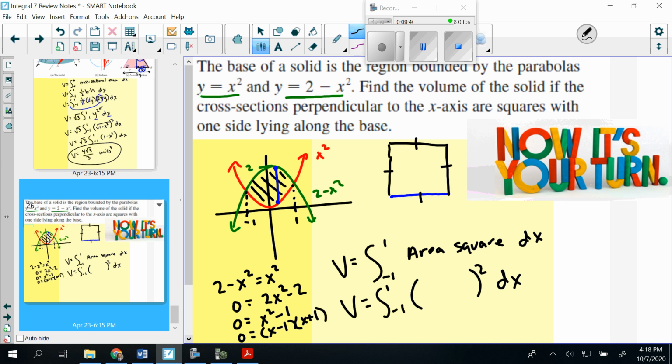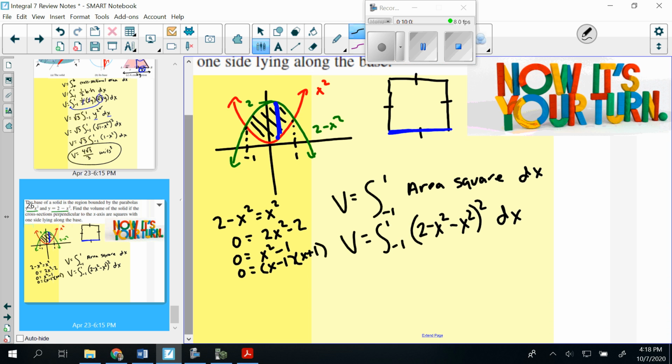That's why it's called squaring. So what is this length here? Well, in the picture, that's the difference between these, so that would just be the top function minus the bottom function. And then if you solve that out, you should get the answer.